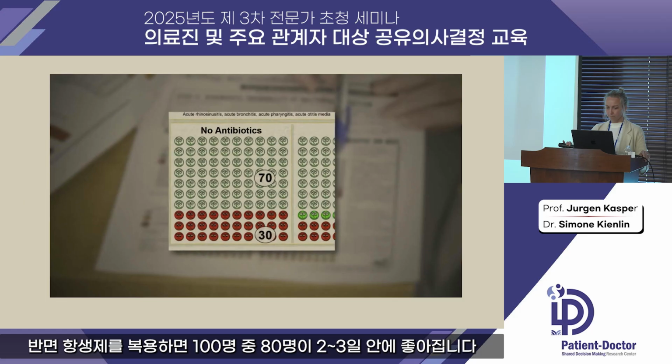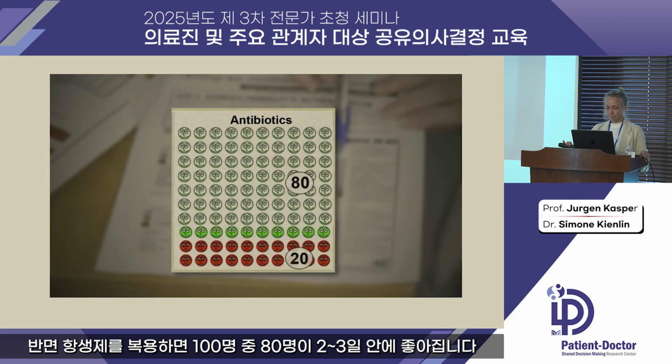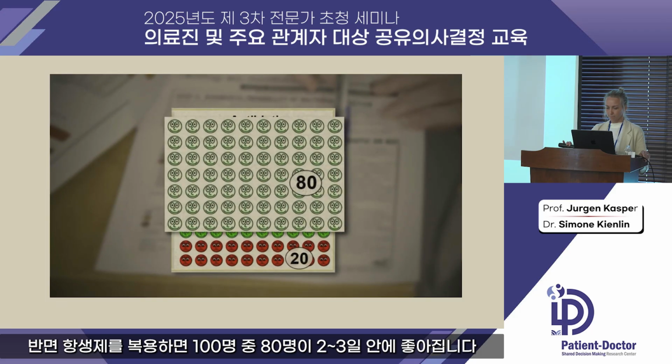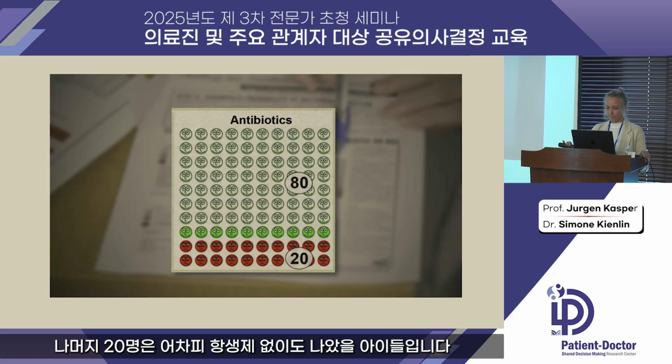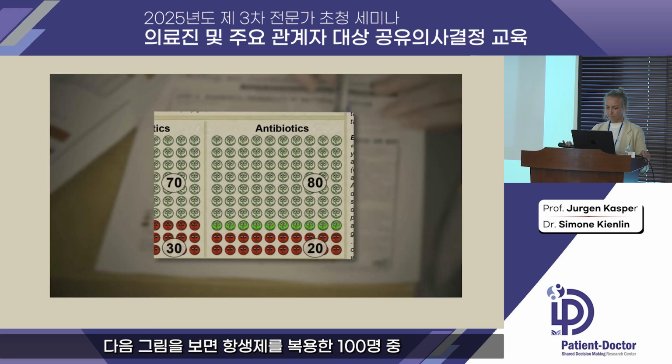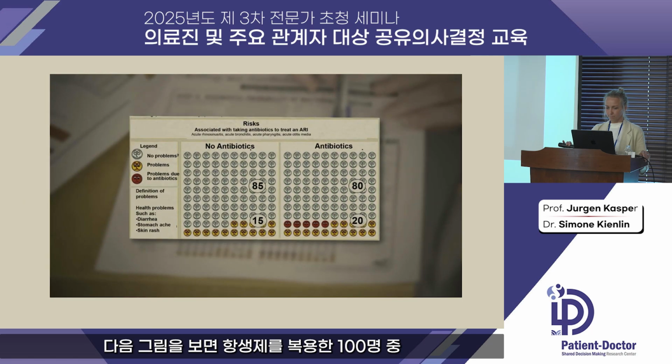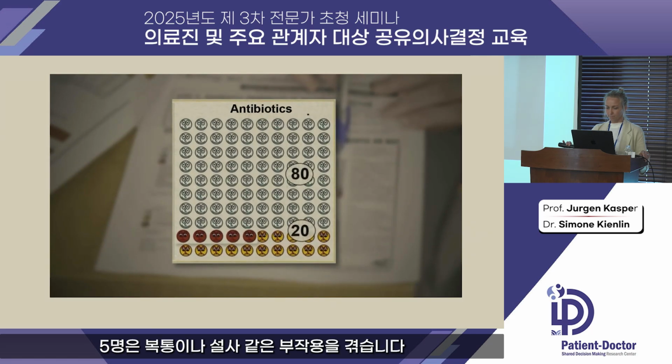If 100 children like Evelyn do take antibiotics, 80 will feel better within 2 or 3 days. You see, only 10 of them will feel better any sooner than if they didn't take them. The other 20 won't get better any sooner. In the next picture, if we look at the same 100 children who take antibiotics, 5 of them will have side effects after taking the antibiotics, such as stomach aches or diarrhea.